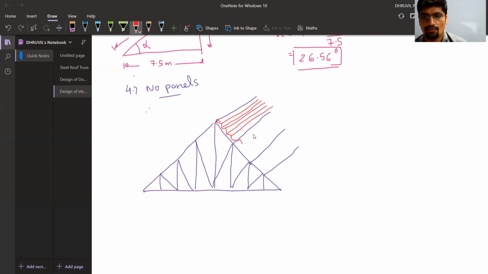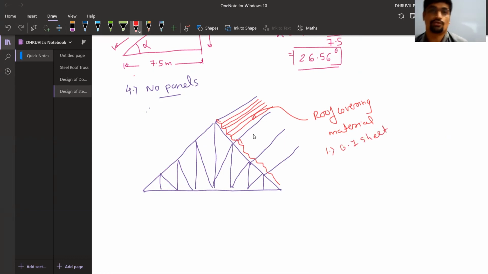In all roof trusses, this is the roof covering material, which is of two types. First one is GI sheet, also known as galvanized iron sheet. Second one is AC sheet, known as asbestos cement sheet.